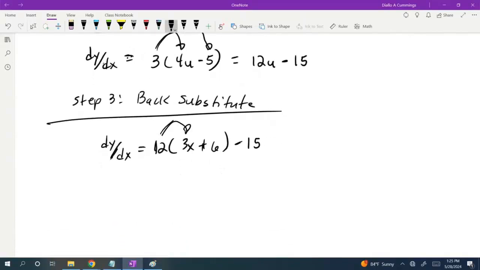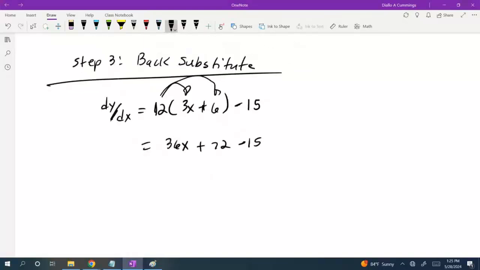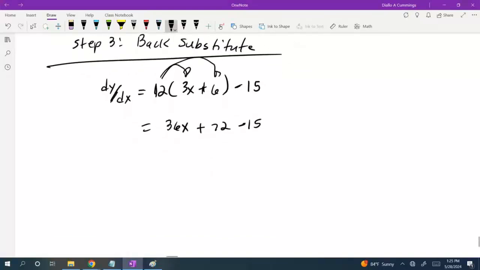So I'm going to distribute 12. So this is 36x plus 72 minus 15. And now I'm going to simplify 72 minus 15. So we have our derivative as 36x plus 57.